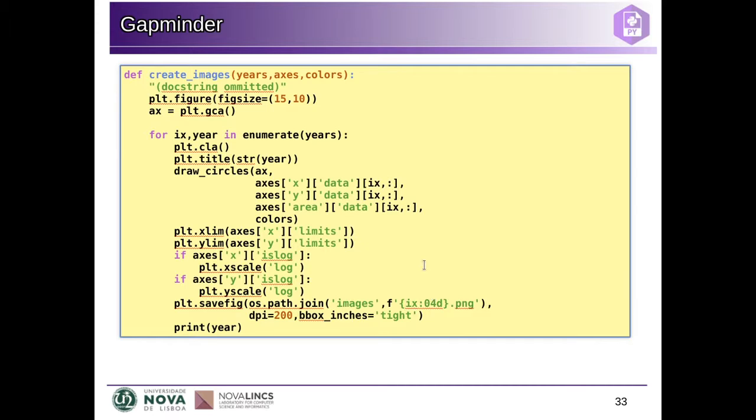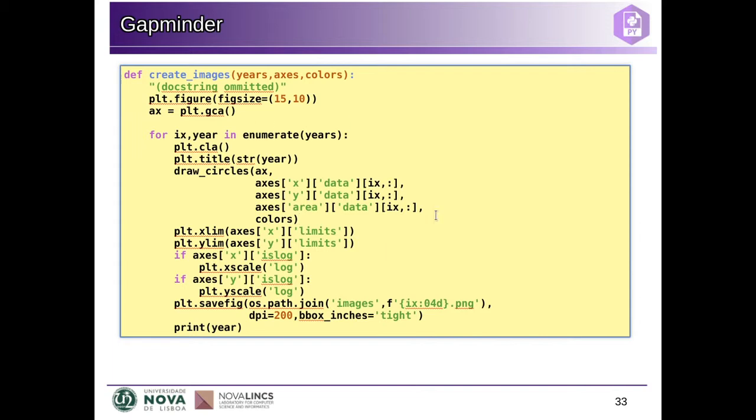And this allows me to create a set of images with always the same file name format. So I'm joining this with the images folder in order to save all these images there. And these are just the other arguments that I use for the resolution and for the bounding box.